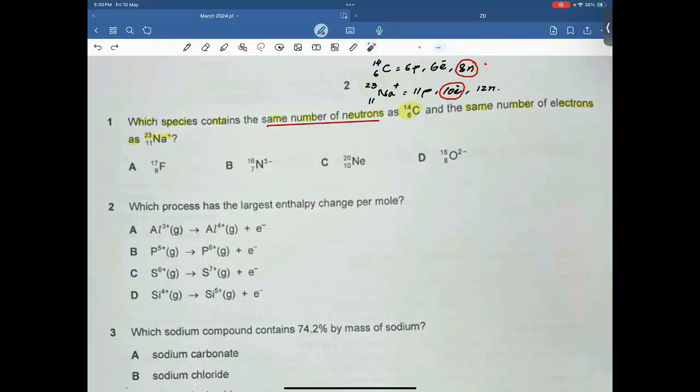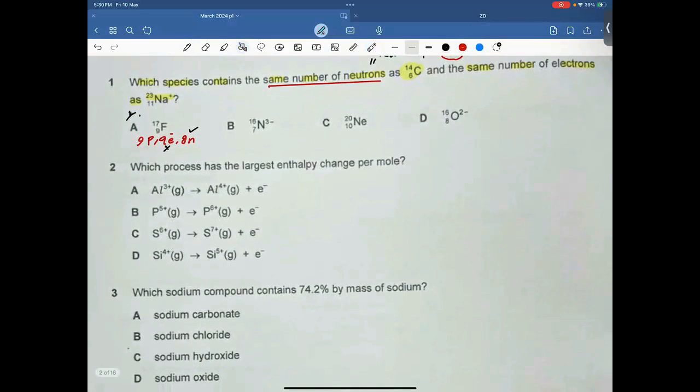All right. So one by one, let's talk about fluorine first. We have 9 protons. We have 9 electrons. And we have 17 minus 9, which is basically 8 neutrons. So obviously, we have 8 neutrons in this. But we don't have 10 electrons, which means A is absolutely incorrect.